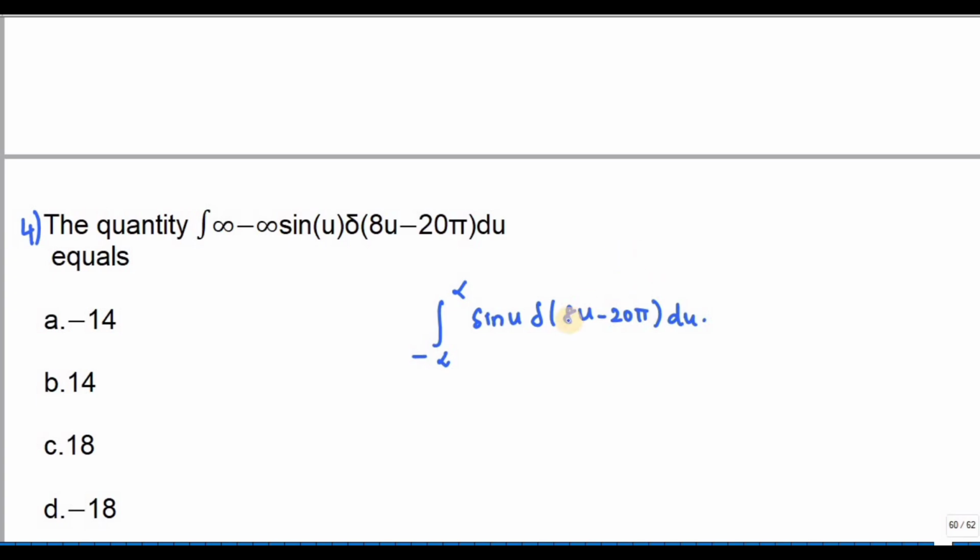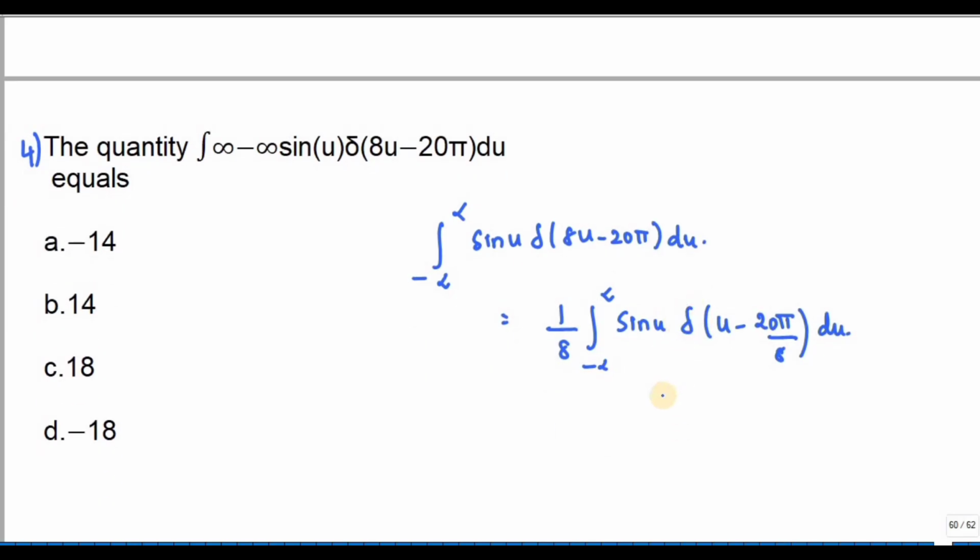If I take the 8 outside of delta, I will get 1 divided by 8 times the integral of sine u delta of u minus 20 pi divided by 8 du. If I substitute u equal to 20 pi divided by 8, I will get delta of 0. So I will get 1 divided by 8 sine 20 pi divided by 8.